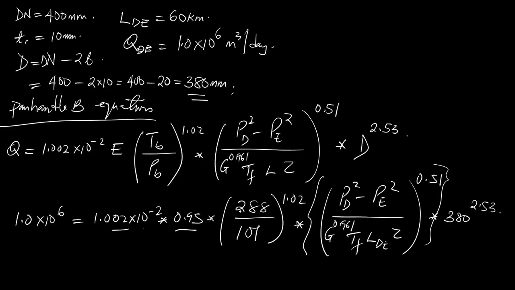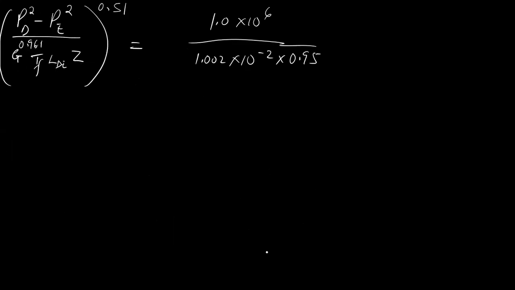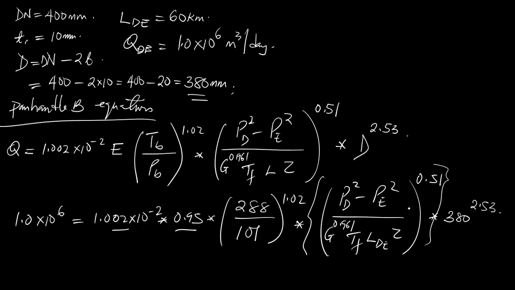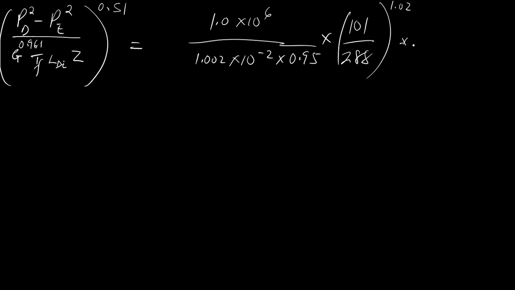If you divide by the whole of this, it will reverse in that expression, so you now have times 101 divided by 288, all raised to power 1.02. Now we divide by this, so we have times 1 all over 380 raised to power 2.53. So this is what we have.